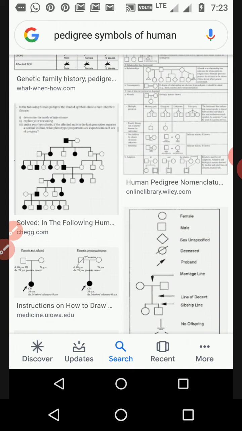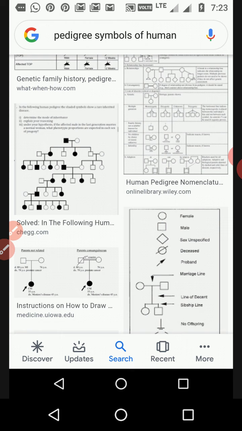Whenever you have learned all the symbolic structure, then you can solve all these questions related to this pedigree chart.